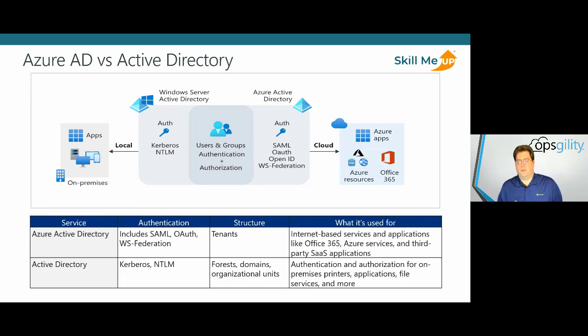The key differences here are around authentication and structure. Within Azure Active Directory, we're utilizing the open authentication protocols of SAML, OAuth, and WS-Federation, whereas the Windows Server Active Directory environment has Kerberos and NTLM.